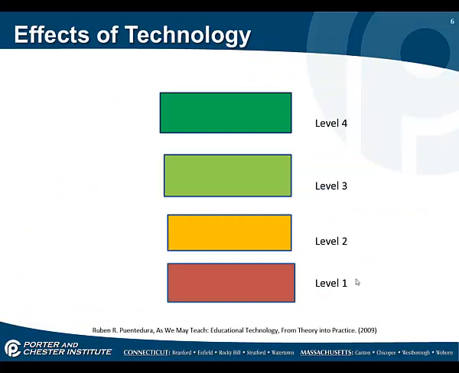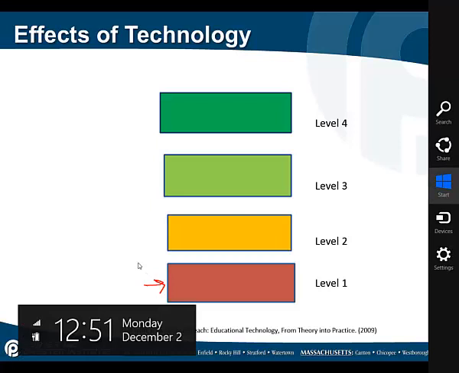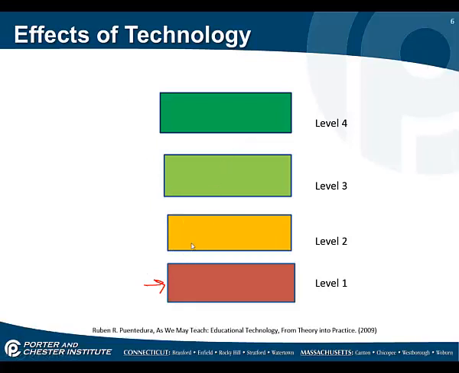As you know, we've spent a lot of time adding technology to our programs. One of the things that education experts have looked at is what are the effects of technology as we move through a program. So we have 4 levels of technology we're going to talk about. Our first level is down here. This is substitution.